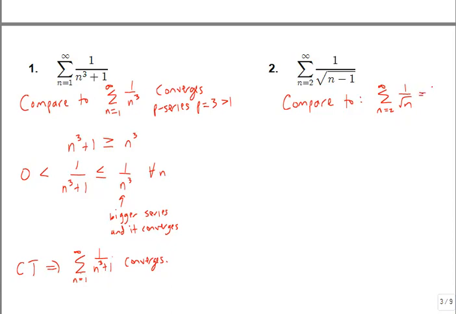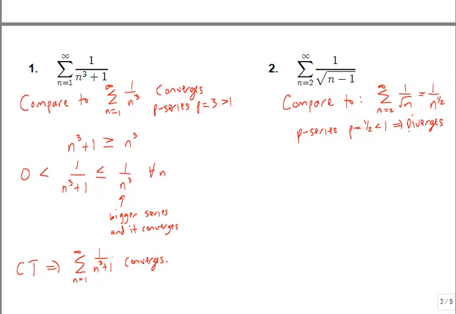Well, that is like a 1 over n to the 1/2. So it's a p-series with p equal to 1/2, which is less than 1, which means this is a divergent series. Okay, so the series that we're comparing it to diverges.